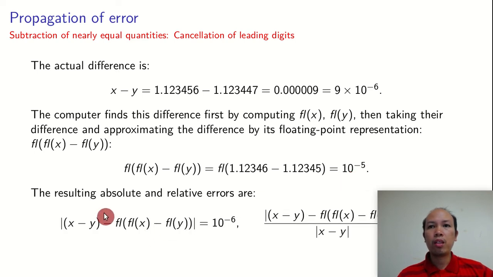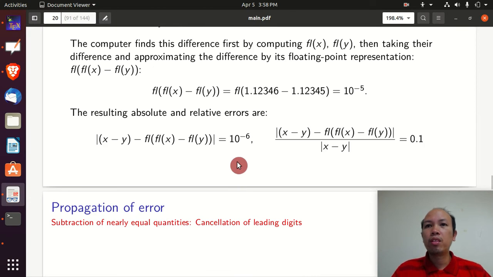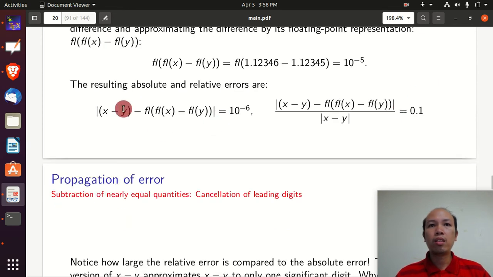The resulting absolute and relative errors are of this form. This is easy to follow. Just substitute and study at home using your notebook. This is the absolute error, and this is the relative error.